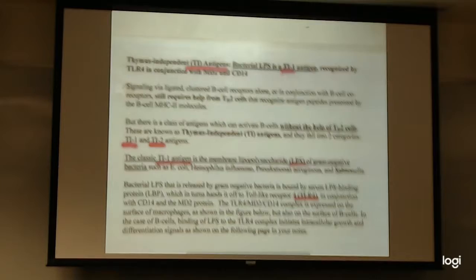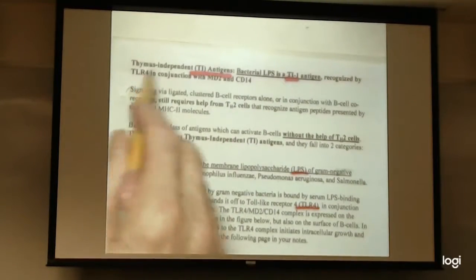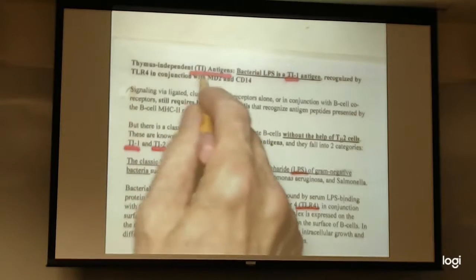So for certain common infections where you want to mobilize the troops post haste, what has evolved is an activation event that does not require T helper cell cytokines, T helper 2 cytokines. These events and the antigens that initiate them are called thymus independent. These are called thymus independent antigens.